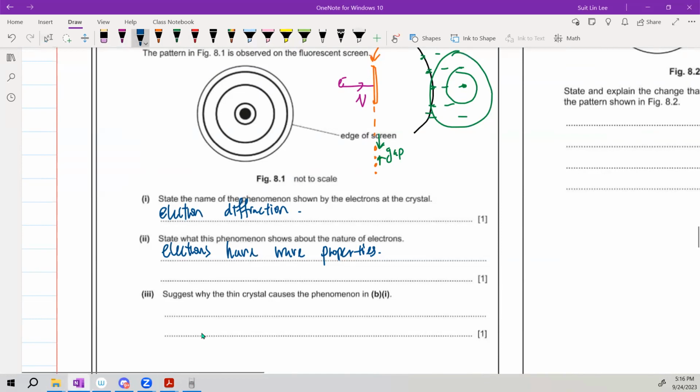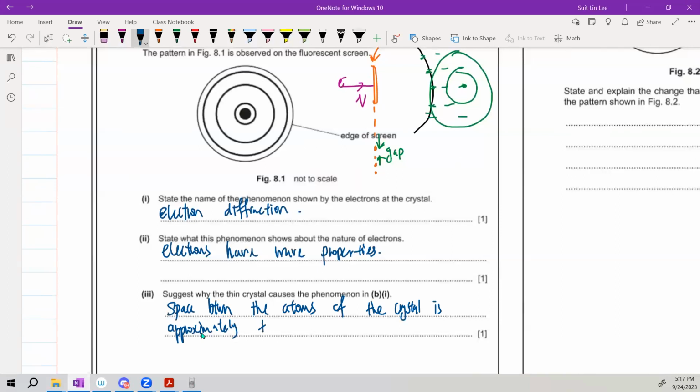So I can say that the space between the atoms of the crystal is approximately the wavelength of the electron. This means the gap size is more or less equal to lambda, so diffraction occurs.